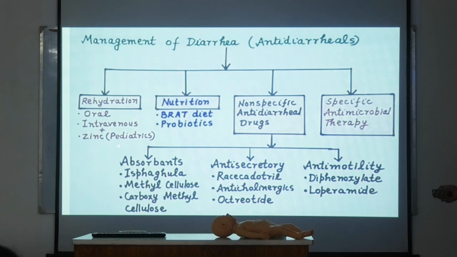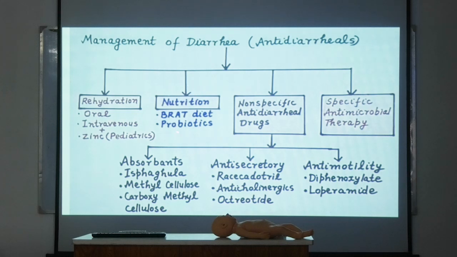This concept has been there for the last 15 years or so, that in children who are less than 5 years, if they have watery diarrhea, then along with ORS they should be given zinc supplementation, 10 milligram, 20 milligram per day. Zinc supplementation in children is a must, and this is given by all pediatricians on a regular basis.